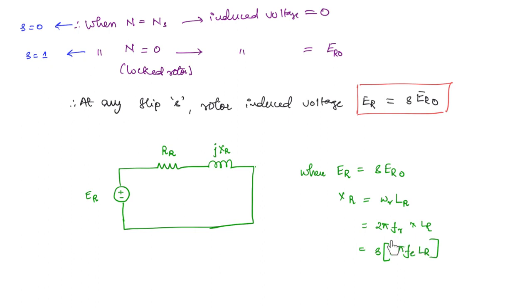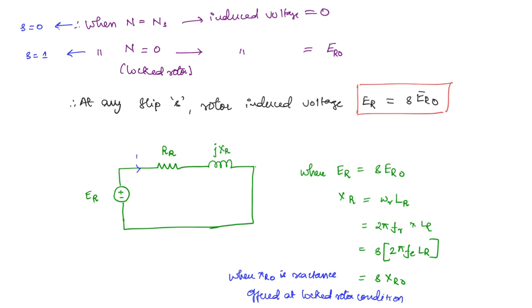So once again, what will this term be? This is the reactance that is present at locked rotor condition, that means when the induced voltage is ER naught. So we will express XR as S times XR naught, where XR naught is the reactance offered at locked rotor condition.